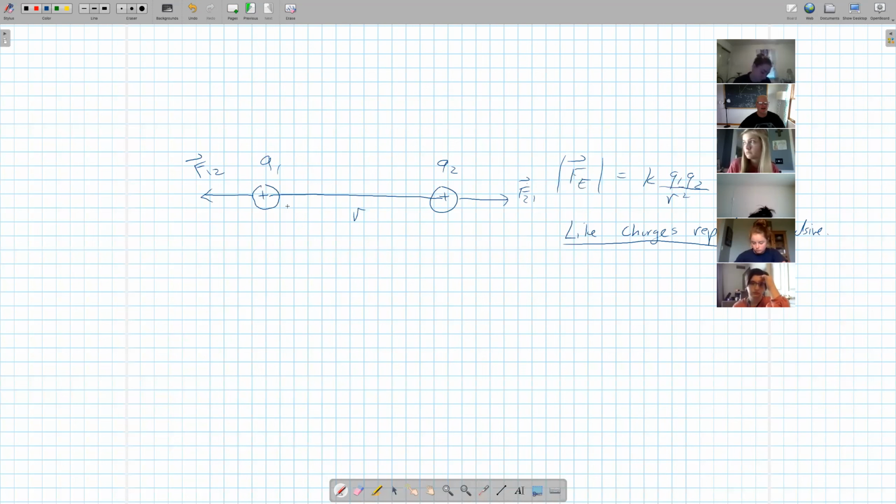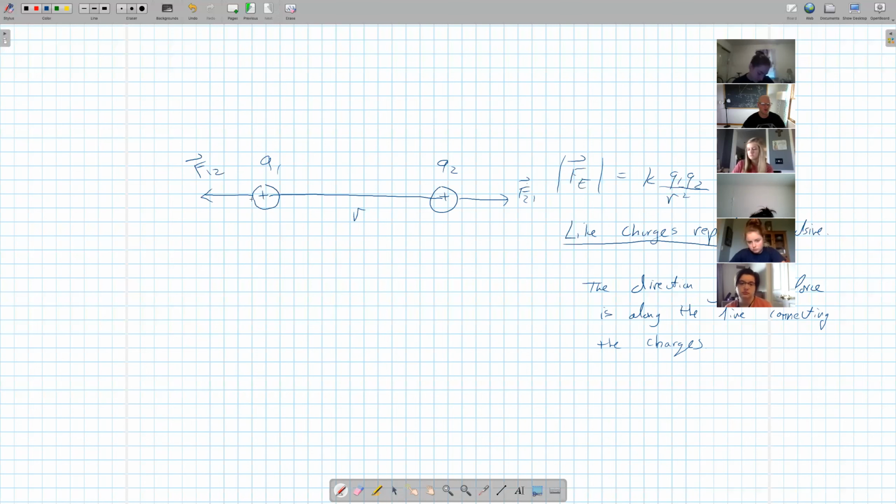Now, just like gravity, the direction of the force is along the line connecting the charges. So instead of these guys being attracted to each other, they're going to repulse from each other.